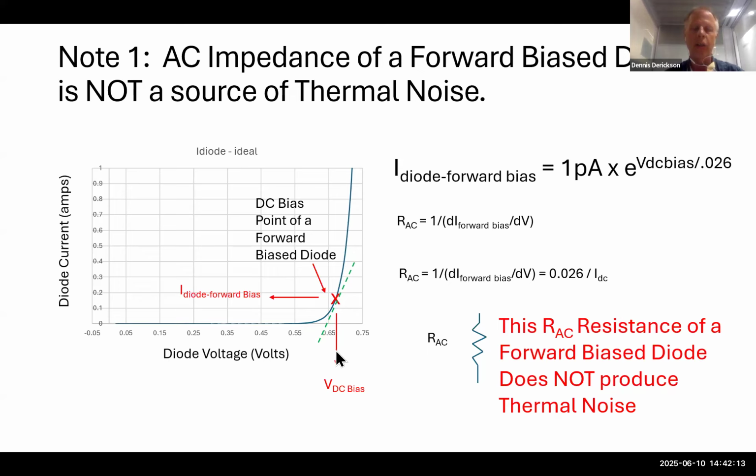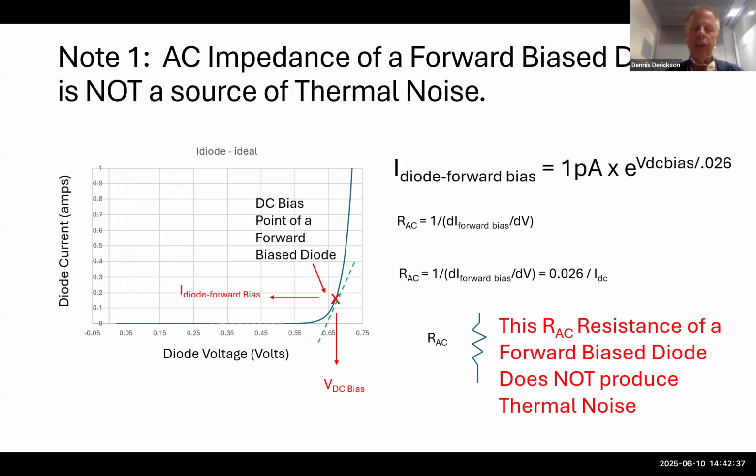That is the turn-on voltage of the diode, which is typically around 0.6 to 0.7 volts. Now, the AC resistance has to do with how much, at your bias point, and this is my chosen bias point right here, is the change in voltage across the diode over the change in the current across the diode? That's the AC resistance.